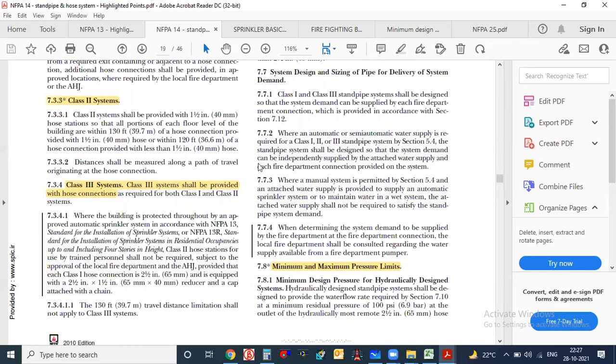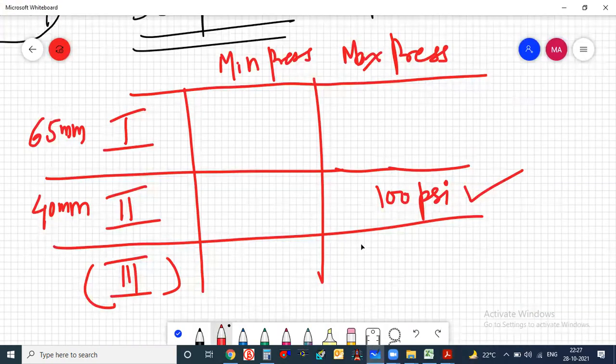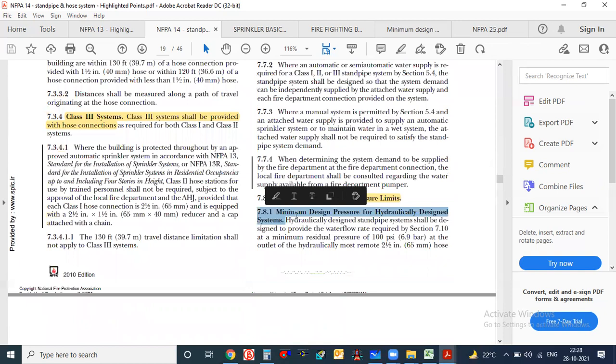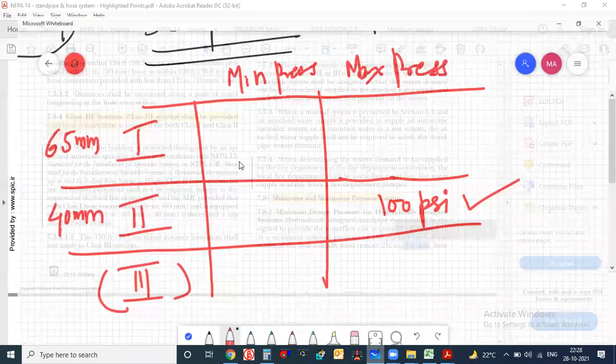Now you see here they have given the minimum and maximum pressure limit. We were talking about the pressure limits. First they have given the minimum pressure. A hydraulically designed standpipe shall be designed to provide the water flow at a minimum residual pressure of 100 psi. See, a minimum pressure of 100 psi at the outlet of the hydraulically most remote 2.5 inch connection.